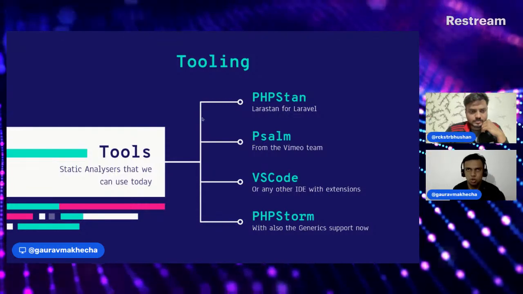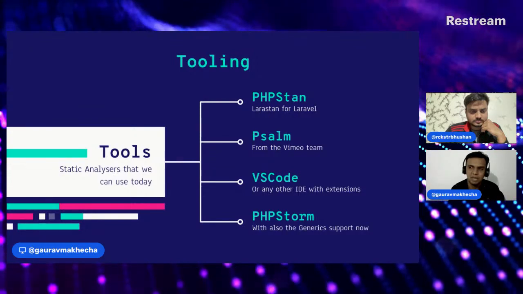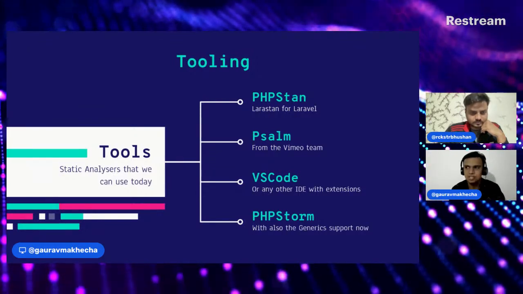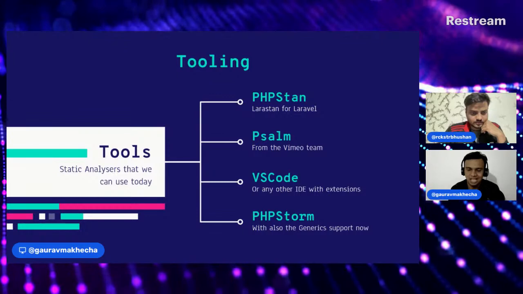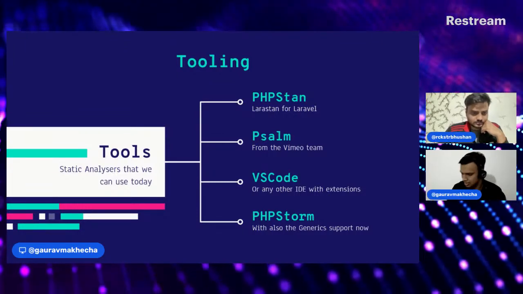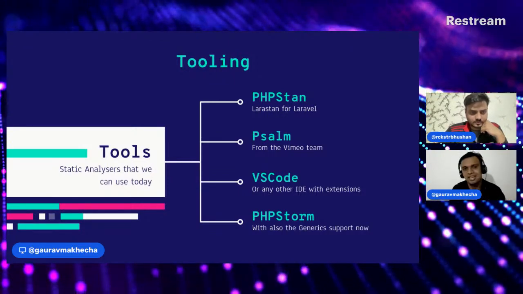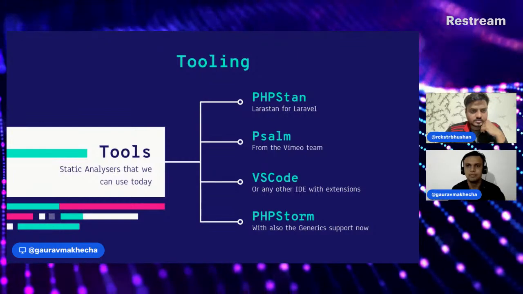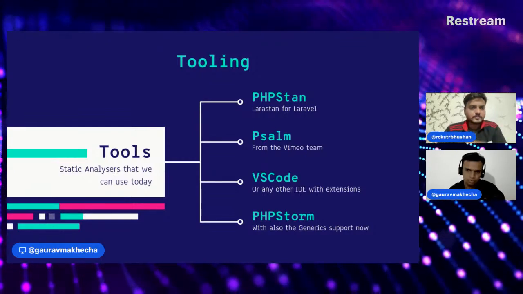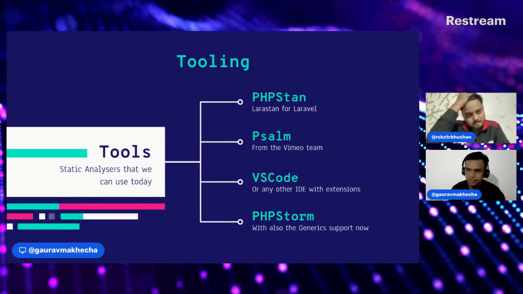It cannot be slow. While we are developing, it has to give all the feedback very quickly. So IDEs do static analysis at the basic level, and in short, whenever you are typing something, it tells you that there is a red line below your variable name or at the method level. That's basically static analysis in play. But yes, they are not enough. We can move forward and use these tools to do it better, and we will see it very soon.